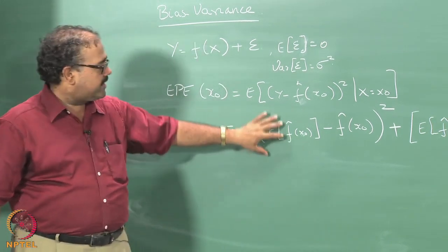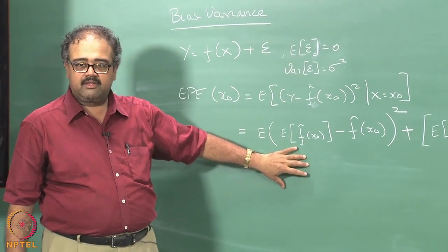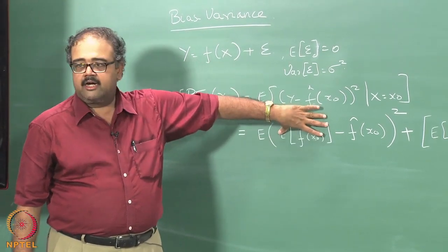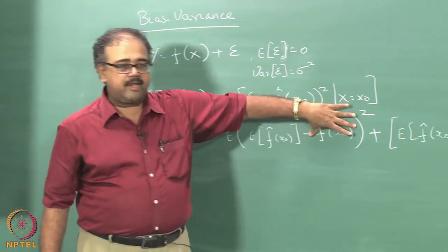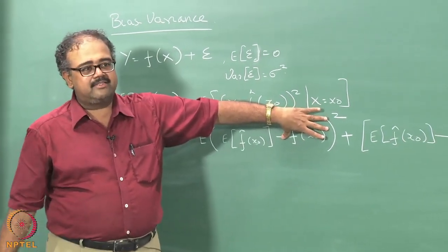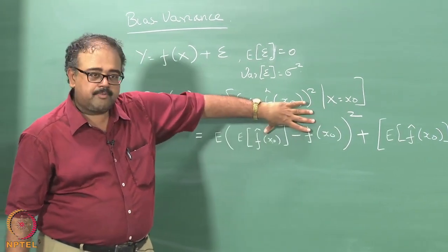So if I build the classifier f hat multiple times, this is the expected output that I am going to get for x naught, and this is the output I am getting for this specific instance of data that I have. Okay. So that is one component of the error.